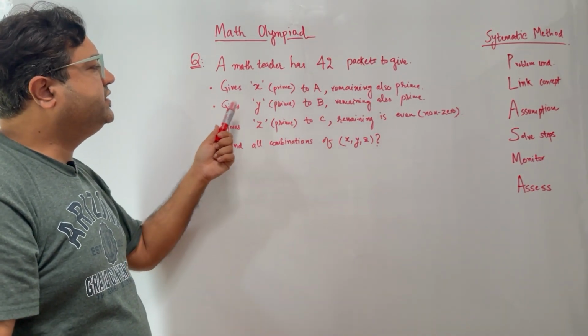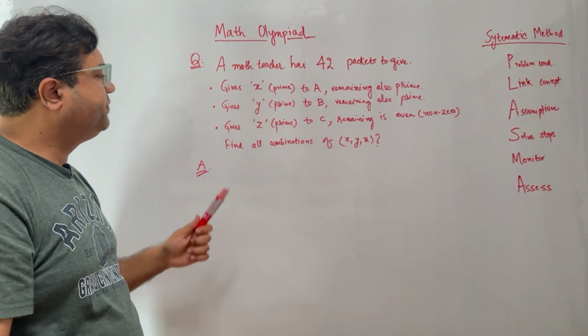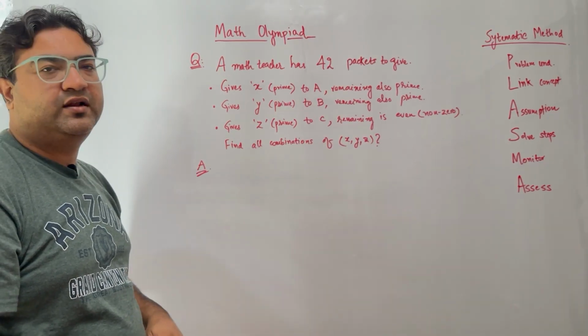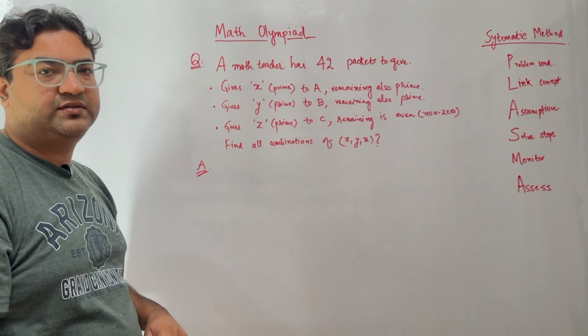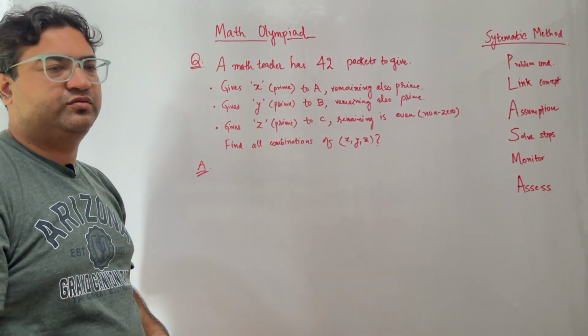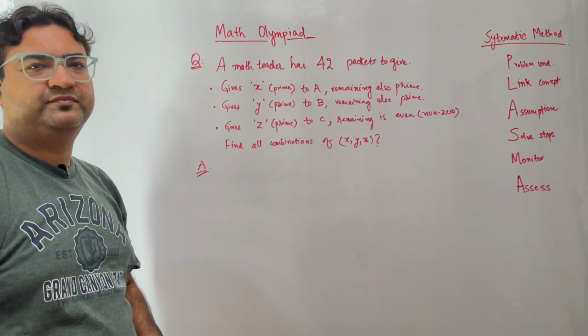To student B, the teacher gives Y number of packets, then the remaining is also prime. And to student C, the teacher gives Z number of packets, also prime, and the remaining is even, non-zero. Now we have to find all the combinations of X, Y, and Z.